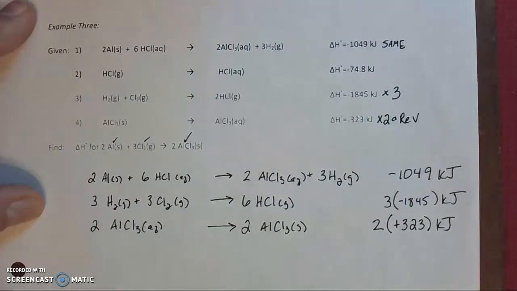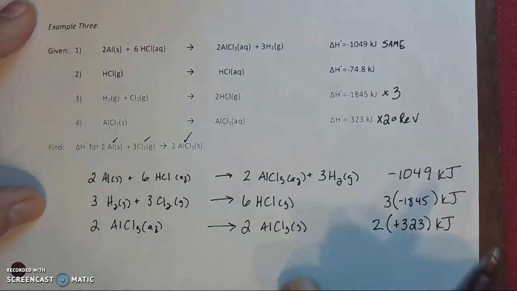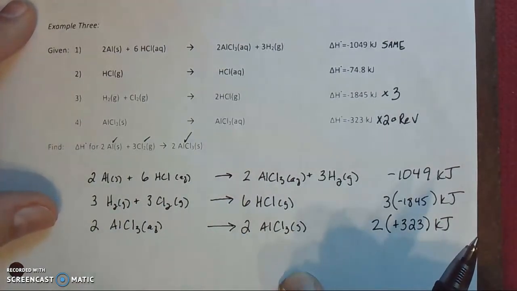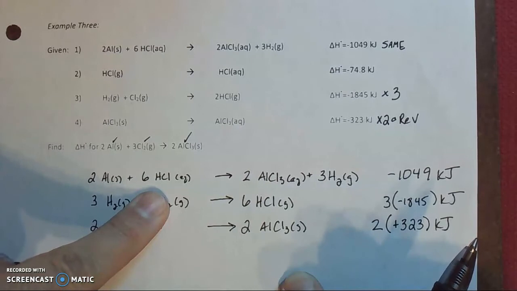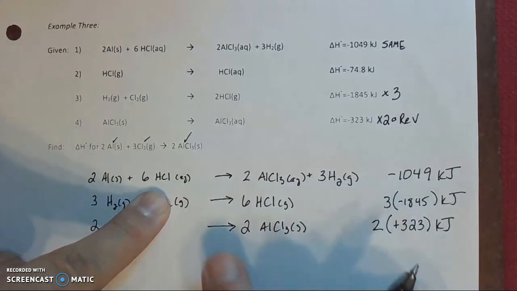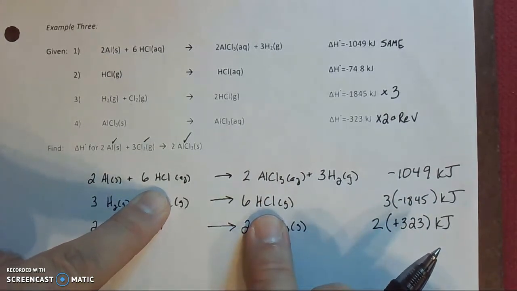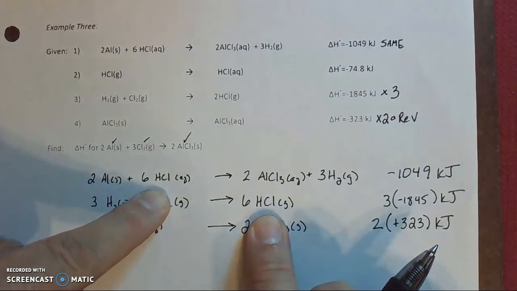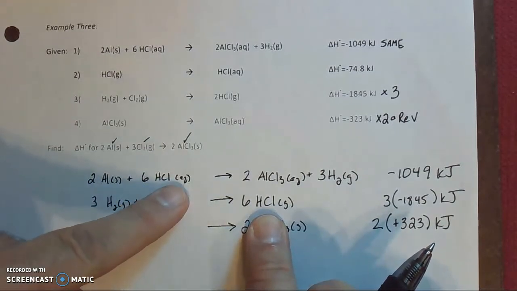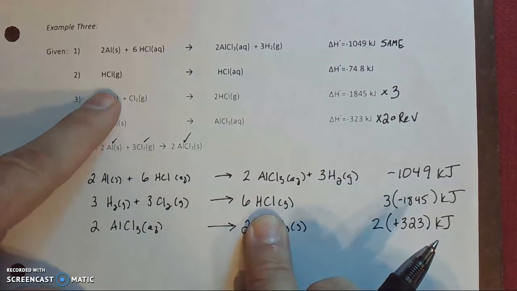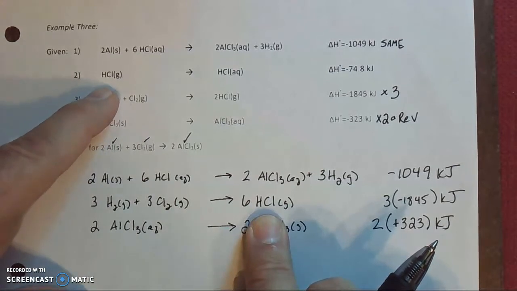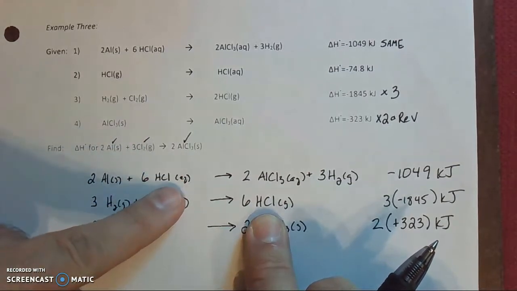So that takes care of that, but we have a problem. If we look at this, we have 6 HCl aqueous here and 6 gaseous here. Those do not cross off because they are in different states of matter. We haven't used this equation up here, but this equation helps us get rid of these.